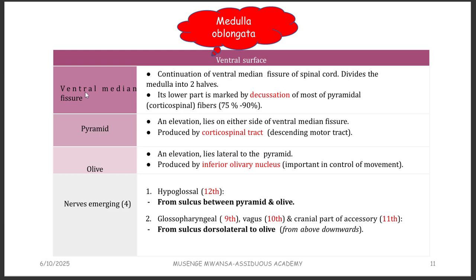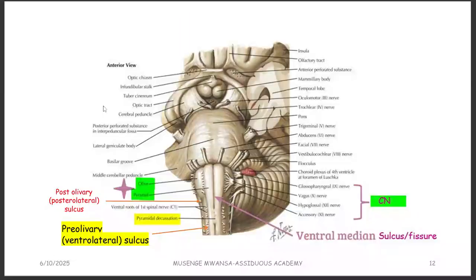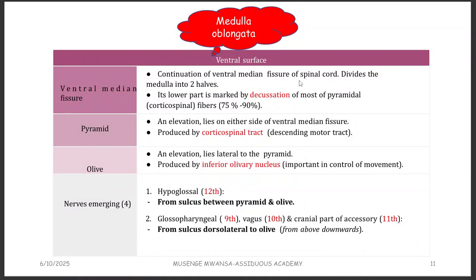When you look at the ventromedian fissure, this fissure separating the two pyramids divides the medulla into two halves, as we know, and its lower part is going to have a decussation. A decussation is basically where there is crossing of the tracts. So there's going to be decussation of the pyramidal or the corticospinal fibers. It's important for you to understand.